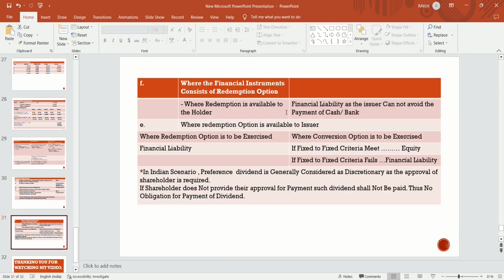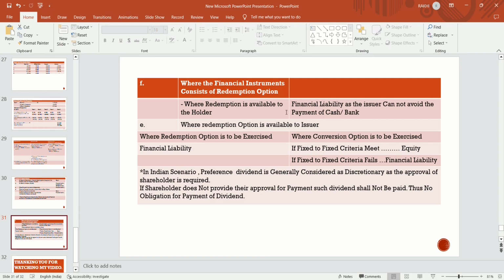Now, when the financial instrument has a redemption option, and the redemption option is available in the hand of the holder, if the holder chooses to redeem the instrument, then that instrument is treated as a financial liability, as the issuer cannot avoid the payment of cash to the holder.